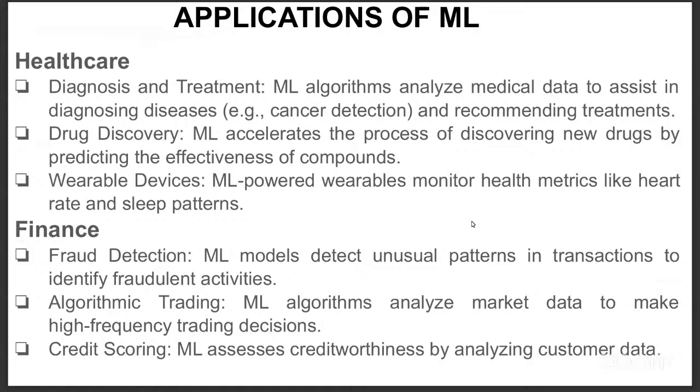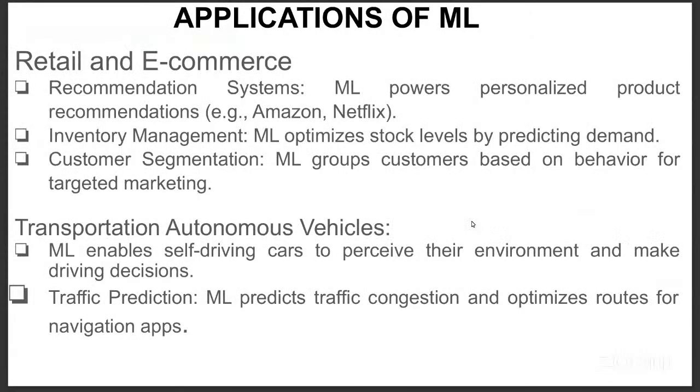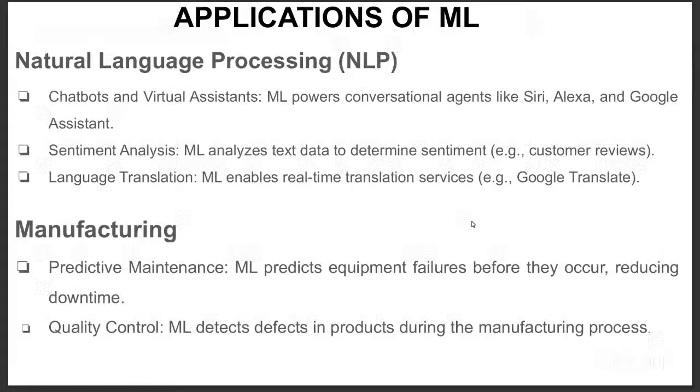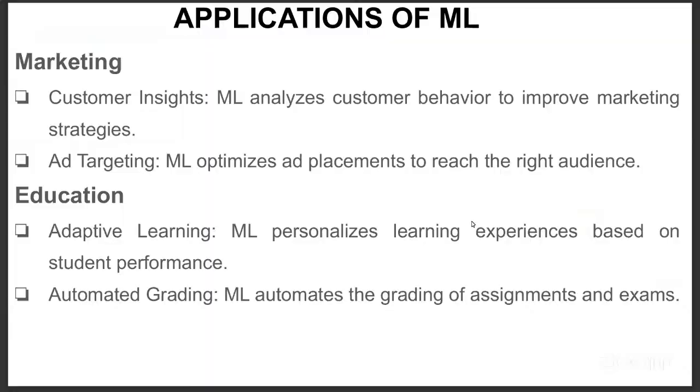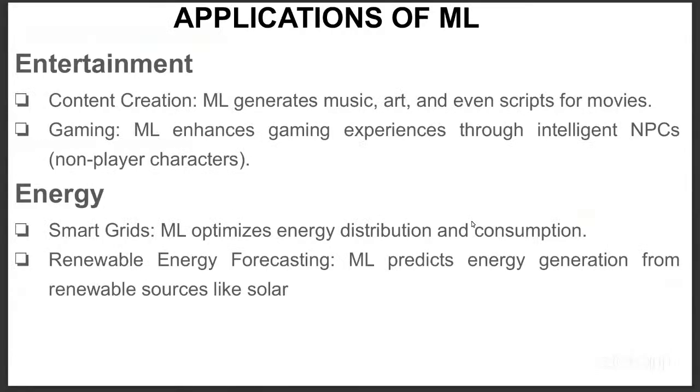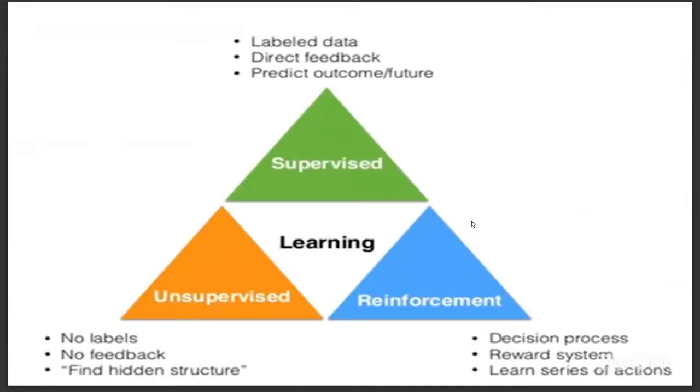So you need a domain expert with you to run a machine learning project. In the domains of healthcare, finance, retail and e-commerce, transportation, NLP, manufacturing, marketing, education, entertainment, energy, agriculture, all these are different areas where machine learning is applicable.